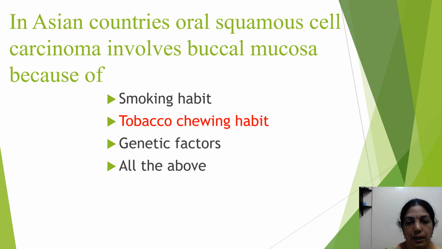Mainly with pan chewing, they place the pan in the vestibular sulcus, so that the buccal mucosa is most commonly in contact with the tobacco product. Because of that, oral carcinoma is more common in the buccal mucosa in Asian countries because of smokeless tobacco usage.